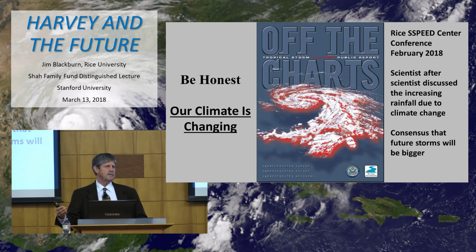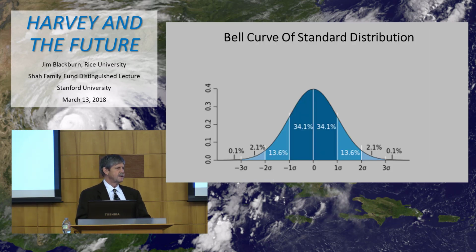Because the ocean's heating up, the ocean is the fuel for tropical storms and hurricanes, evaporation is increasing, and the jet stream's vacillating, all climate related, all of which were implicated in Harvey. It was not a question if Harvey was ever going to occur again, but simply when and where. That was the question. So, I want to give you a lawyer's understanding of the bell curve.